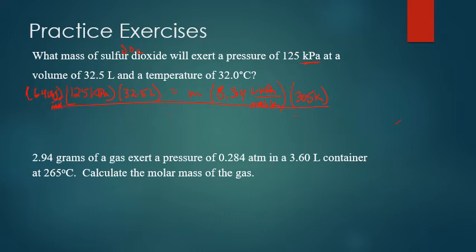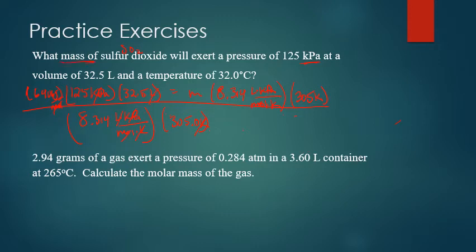So I'm going to take each of these numbers and divide both sides by the 8.314 and the 305.0 Kelvin. So again, the Kelvin cancel, the kilopascals cancel, the liters cancel, and the moles cancel.